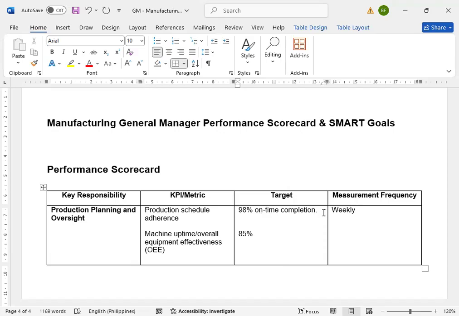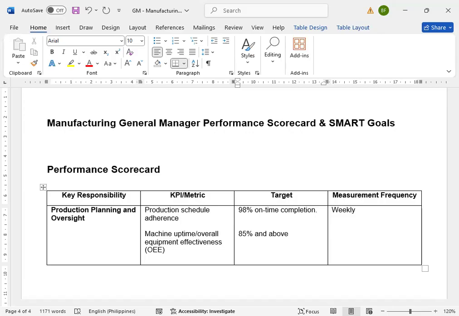But if the GM realizes that this is too low, then he could raise it a little bit, maybe 86%, 87%, or even 90%. And if he realizes that the maintenance crew are really effective and efficient in doing their job in terms of the maintenance of the machines, then he could raise the target a little bit as we go on with the operations. Okay, and above.